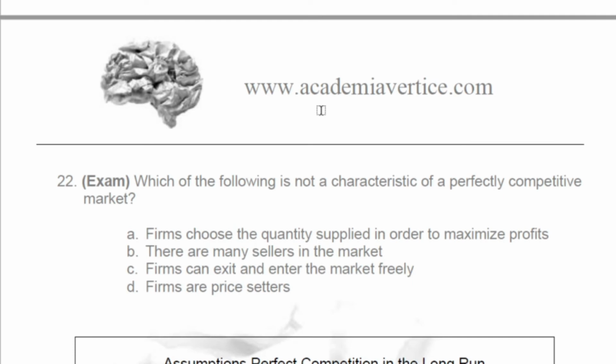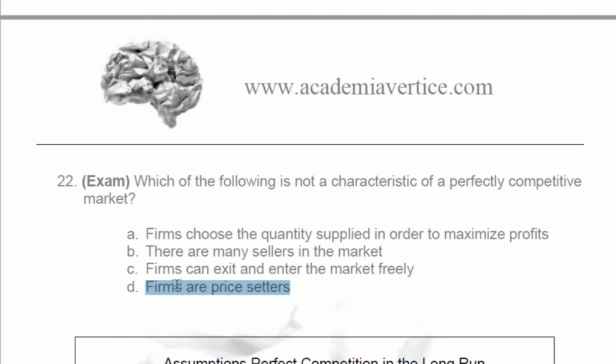Now, exam question. Which of the following is not a characteristic of a perfectly competitive market? Firms choose the quantity supplied in order to maximize profit. Well, of course they do. There are many sellers in the market. Yes. Firms can exit and enter the market freely, of course. Firms are price setters.